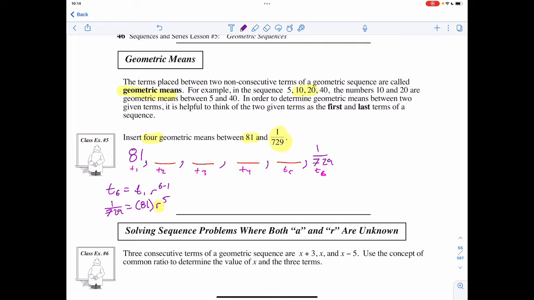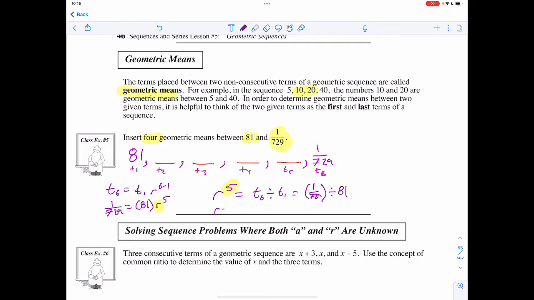So I'm going to say that r to the 5 is equal to term 6 divided by term 1, or 1 over 729 divided by 81, and then to get r, I would need to take the 5th root of that.